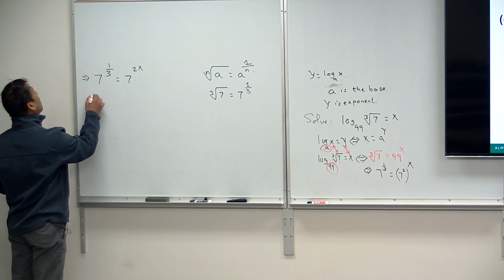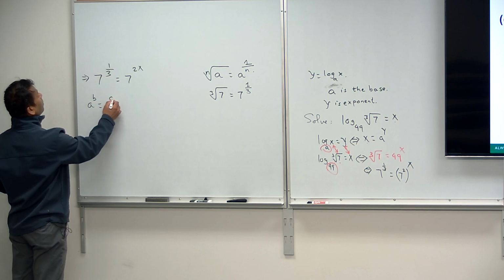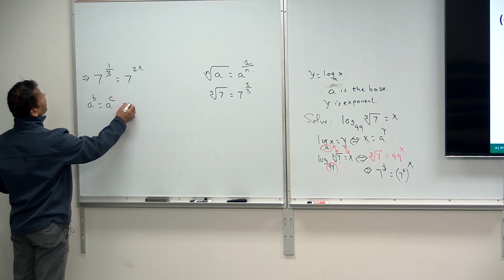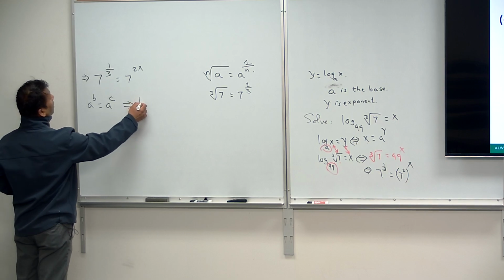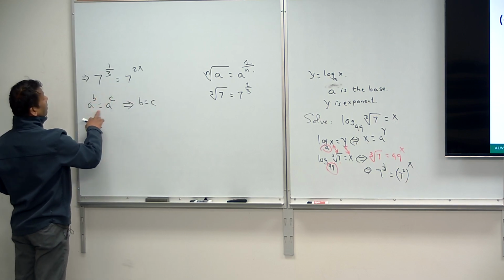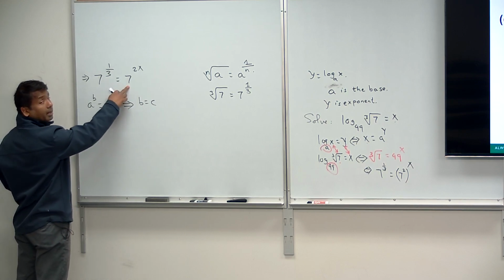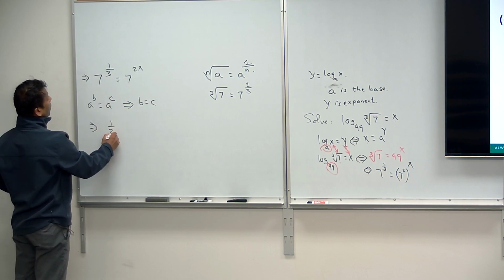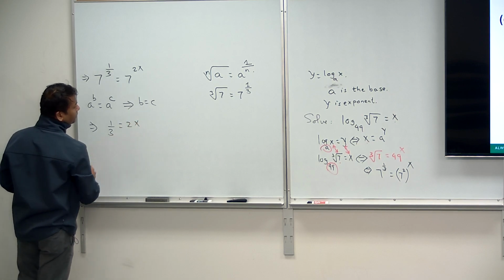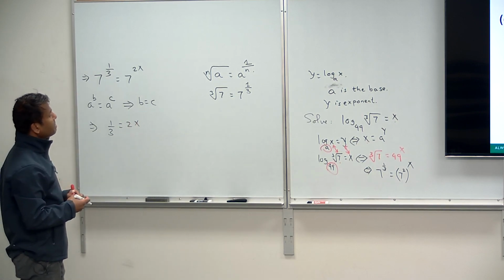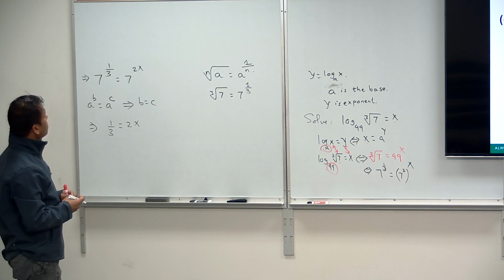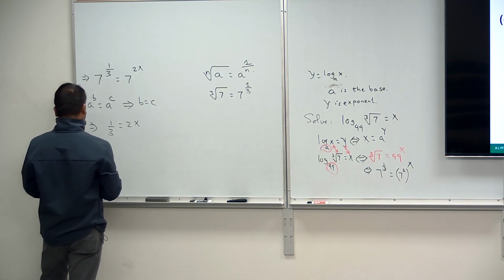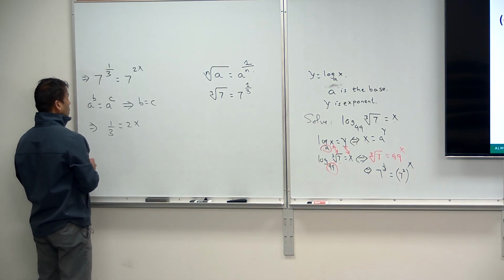And remember the property of exponents. If you have a to the power b equal to a to the power c, this will give you b equal to c. So if you have the same base here, 7 and 7, you have the same base. So that will give you 1 over 3 equal to what? 2x. Right? And then you divide both sides by 2. So what will you get?